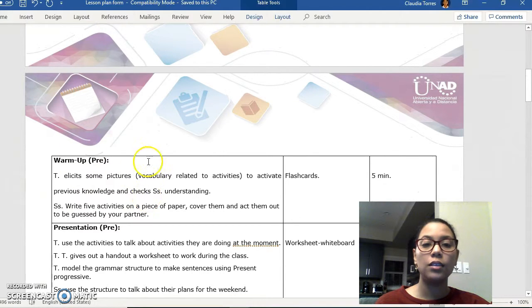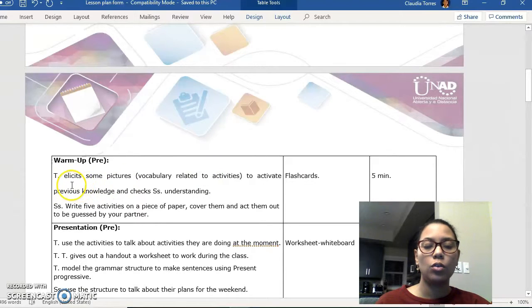This stage is very important because here the teacher helps to activate previous knowledge that the students already have. So for example here, I try to use flashcards. In this stage, it doesn't require much time, just 5 minutes.